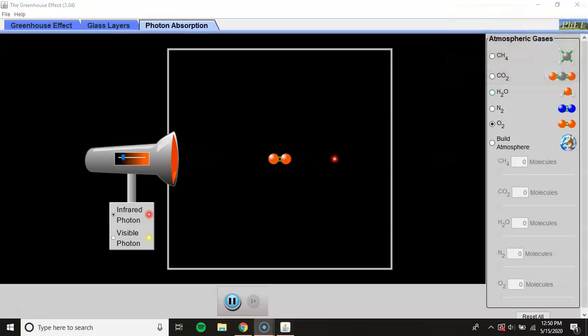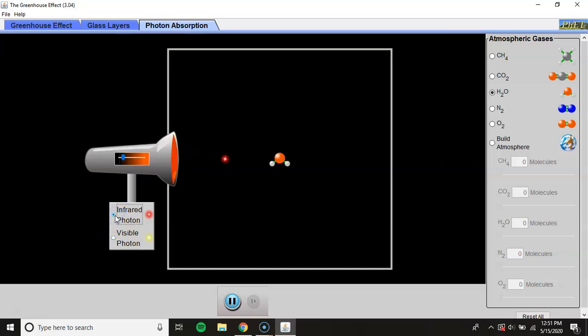But if we were to, I wanted to select carbon dioxide, but my webcam's in the way. So I'm going to show you a different greenhouse gas, water. And what I want you to look for here is this greenhouse gas, in this case water, but also carbon dioxide, is transmitting visible light.